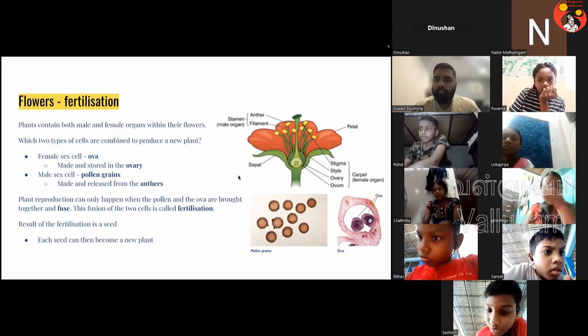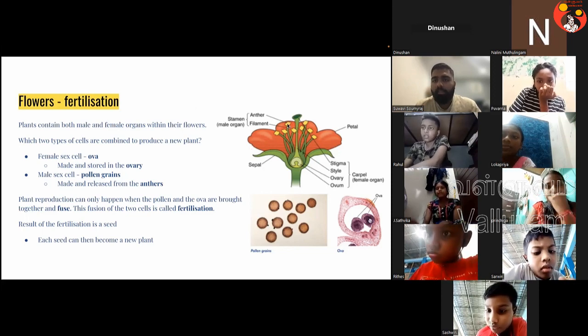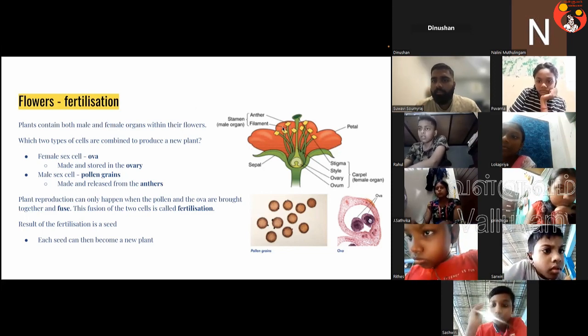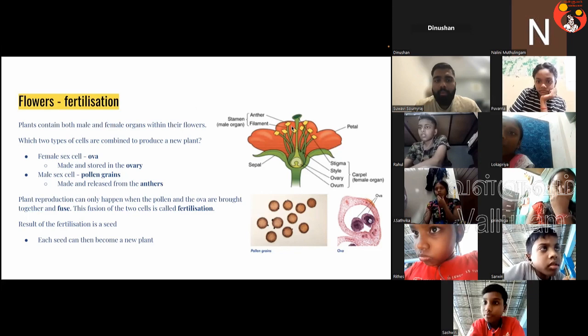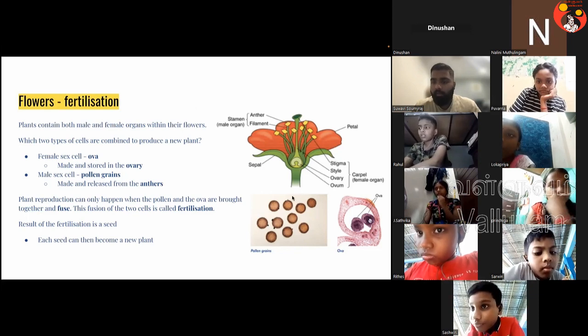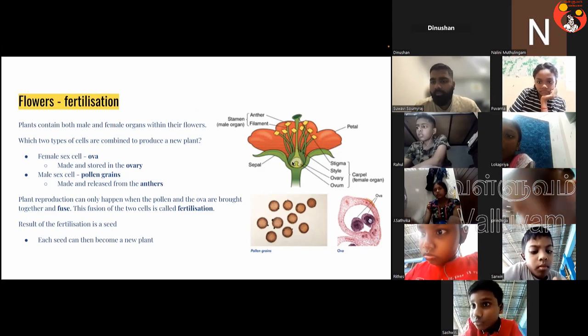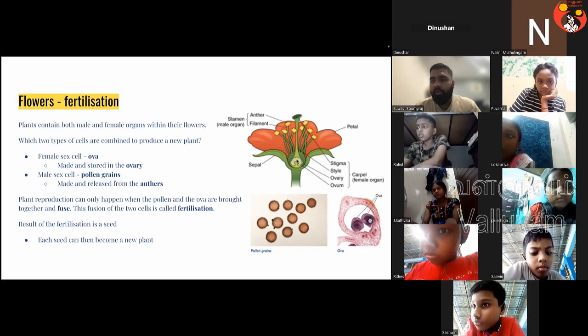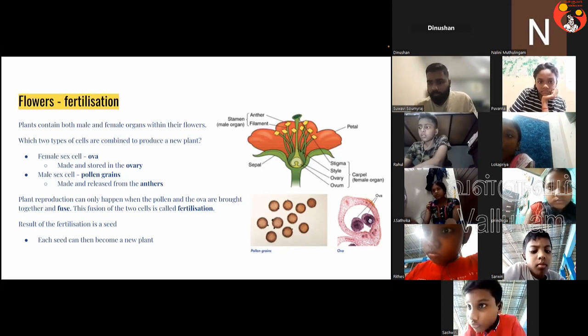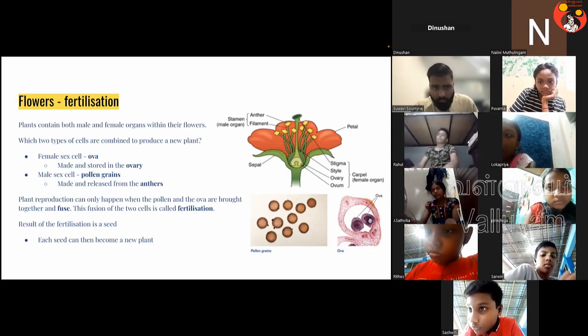If you have a look at this diagram on the right, you can see the anthers here, which are these yellow sections. They make and release the pollen grains, which are just down the bottom here. And then you've got the ovary at the base of the flower, which makes and stores the ova, which is the female sex cell over here.